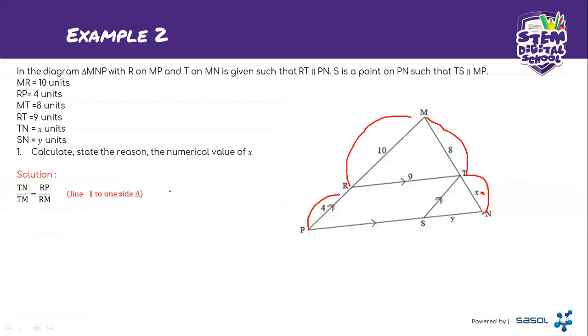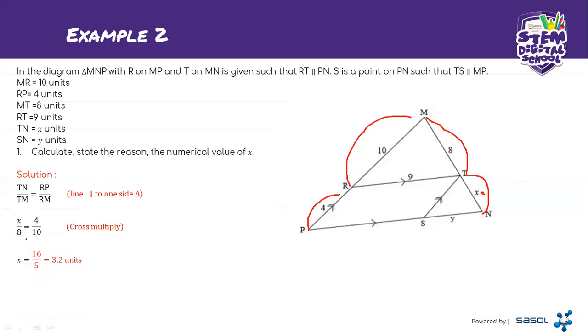Immediately after writing this ratio, don't forget to write the reason: line parallel to one side of a triangle. Of course, then this is X, this is 8, this is 4, and this is 10. So everything is fine. Then you just cross multiply and then divide.